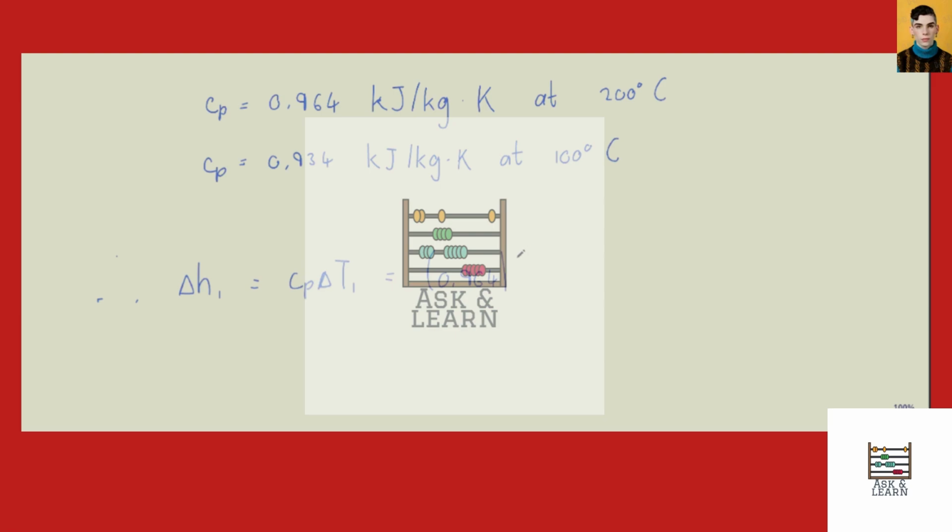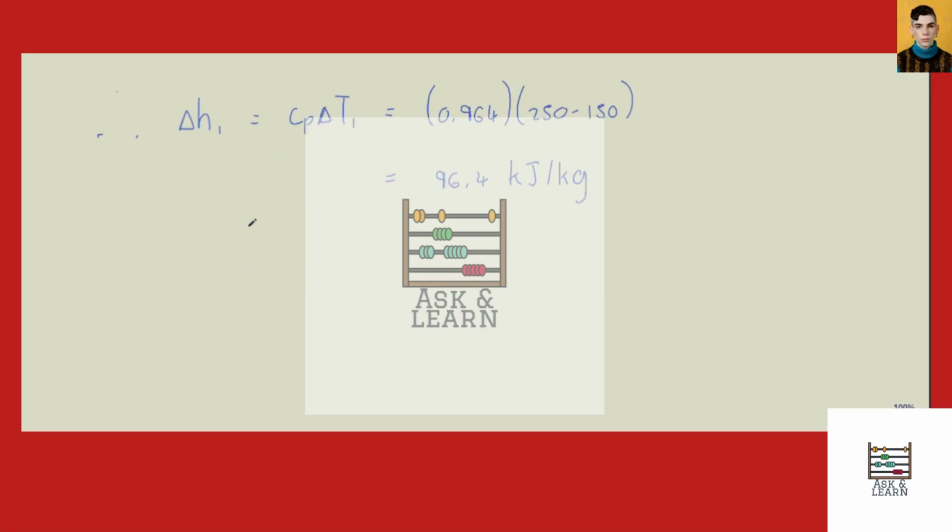We'll suppress the units here, times a change in temperature of 250 minus 150. And so we get the enthalpy change using Cp at 200 degrees Celsius to be 96.4 kilojoules per kg.